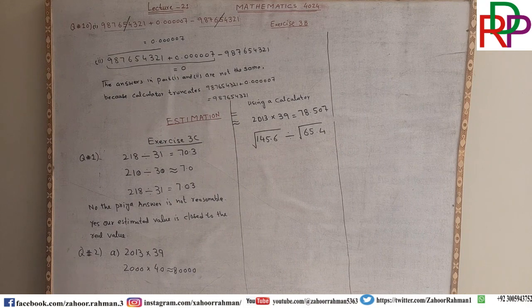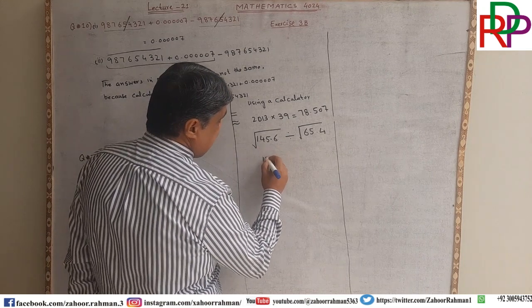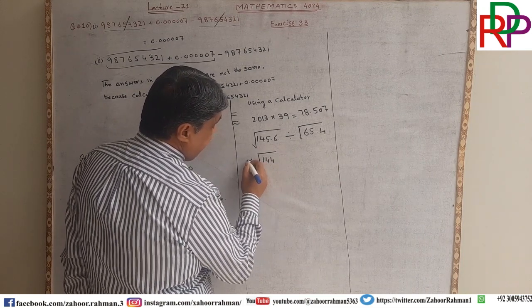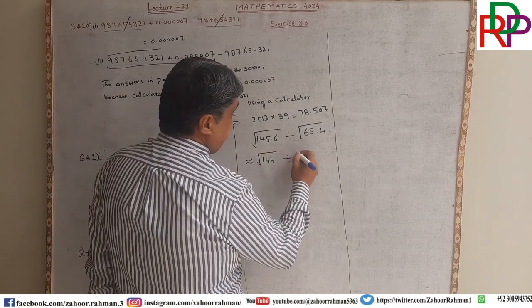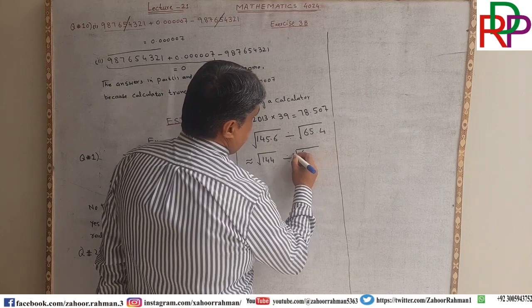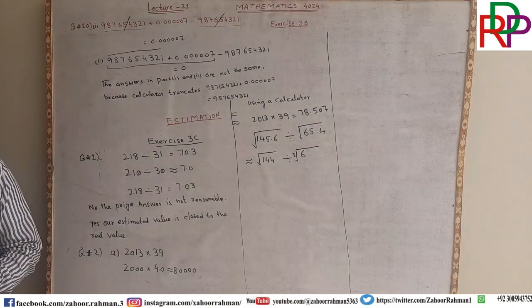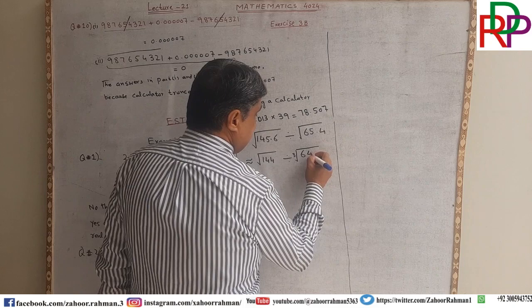If we are taking estimation, this is nearly equal to 144 under the root, divided by the cubic root of 64.